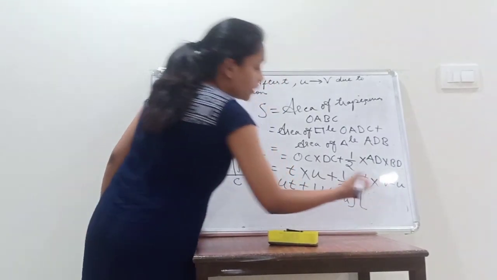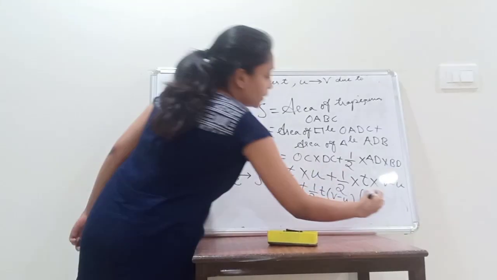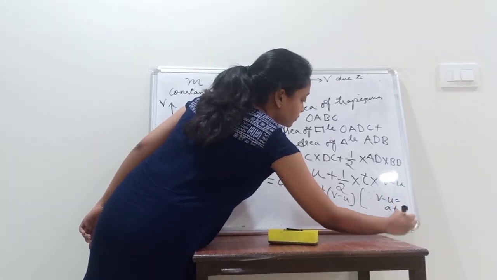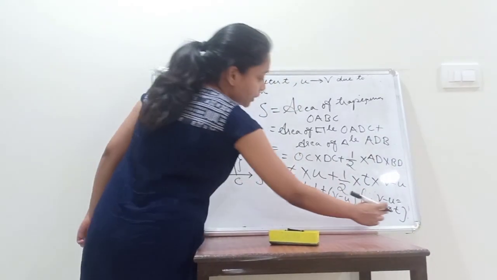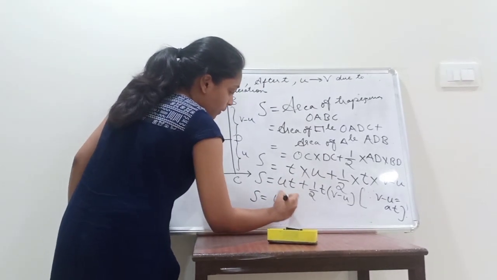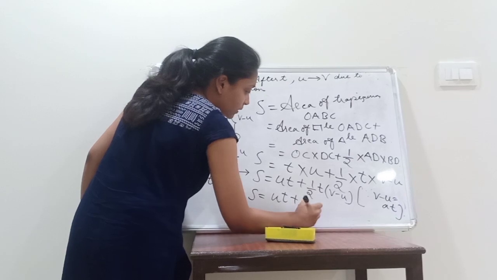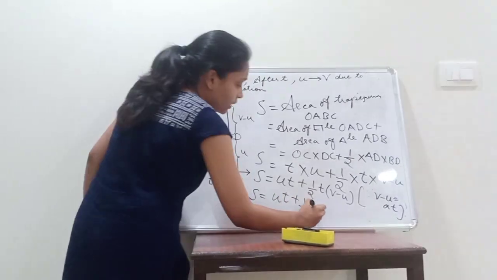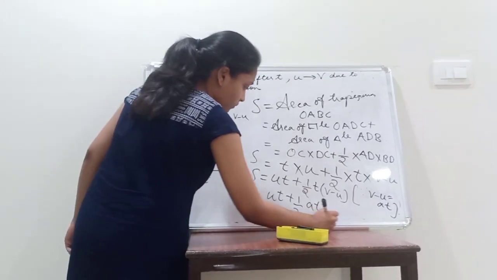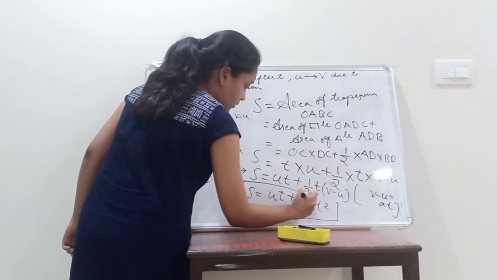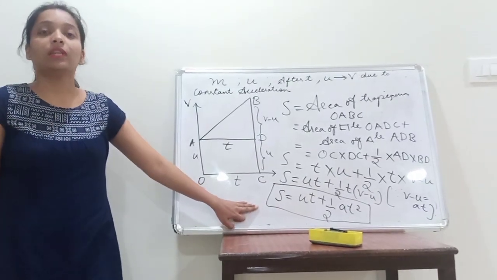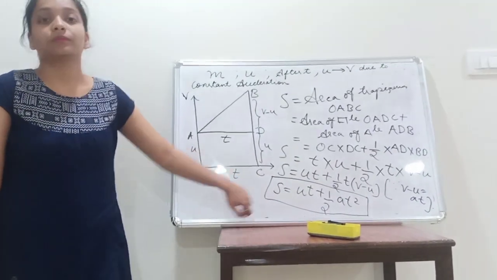We know from the first equation of motion that v minus u is equal to at. So let's substitute at in the place of v minus u. Then we get ut plus half at square. This is second equation of motion, which gives us relation between position and time.